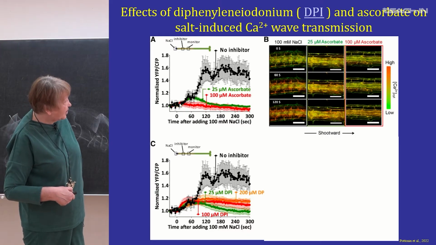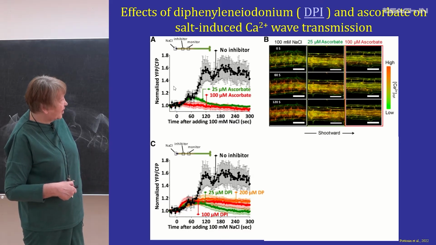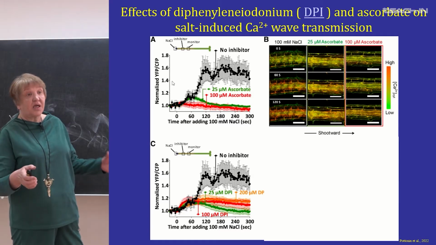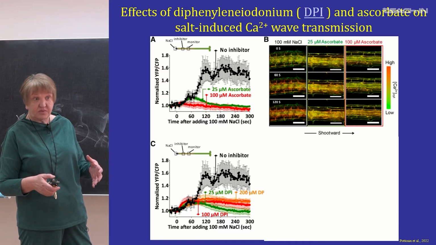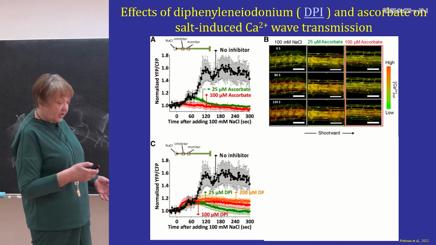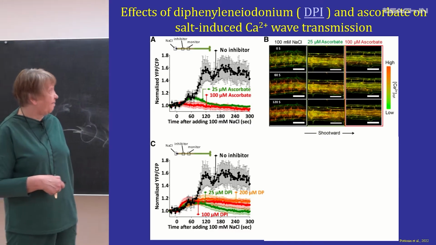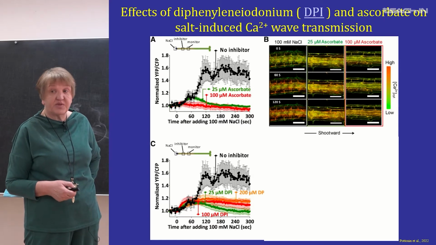So here is the YFP-CFP ratio, which you remember is determined by percent of calmodulin bound to calcium, right? Okay, so basically it shows us concentration of free calcium in the cytosol.